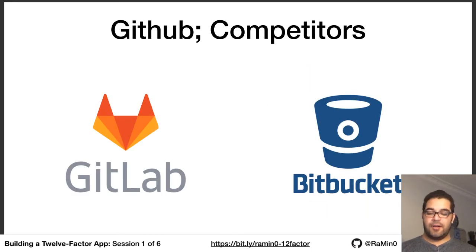There are some other services out there that compete with what GitHub does, those being GitLab and Bitbucket. Both of them mainly use Git, but they also offer, similar to GitHub, other protocols to use, like Subversion and Mercurial.